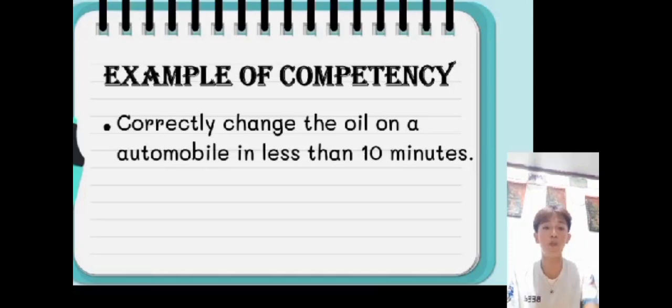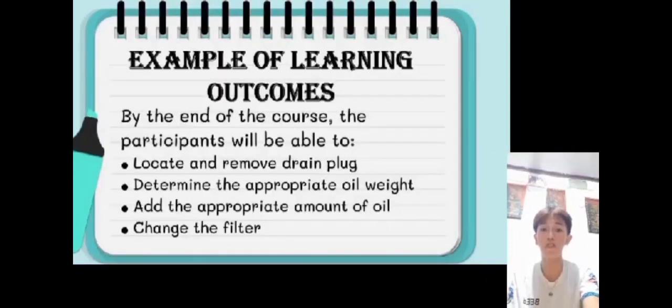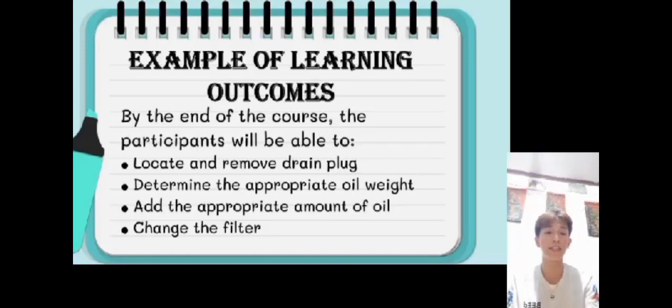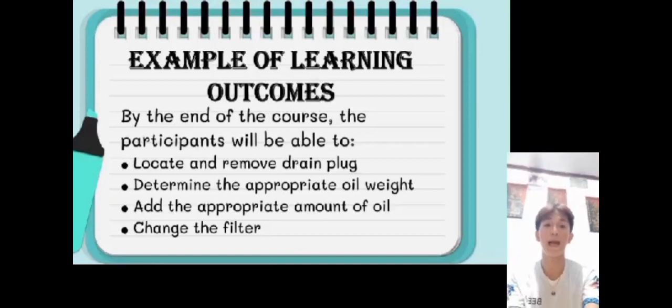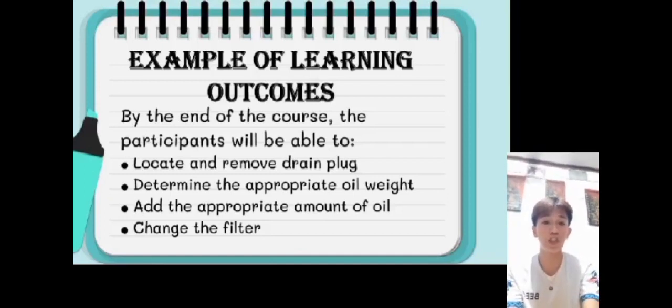And our learning objectives of this competency is that by the end of the course, the participants will be able to, first, locate and remove drain plug. Second, determine the appropriate oil weight. Third, add the appropriate amount of oil. And lastly, change the filter. So that is how we connect the competency and the learning outcomes.